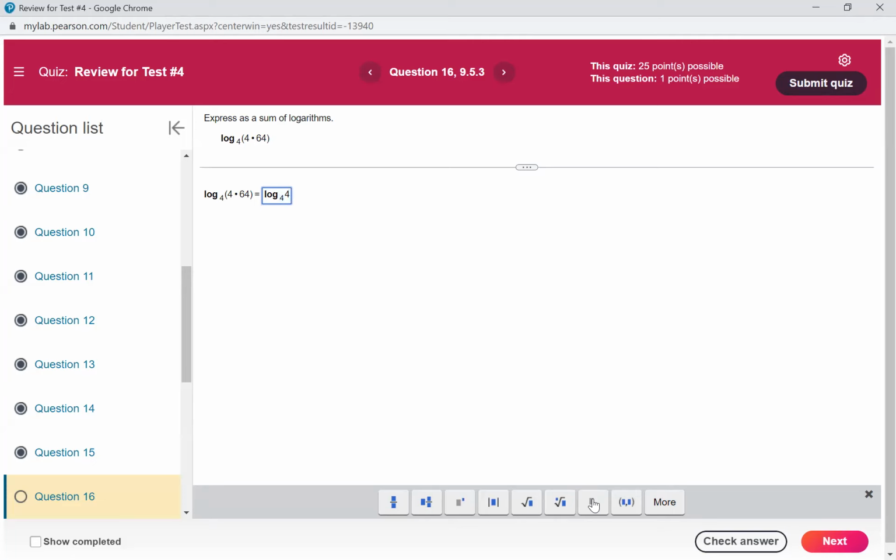Then I had a plus, write log again, grab that subscript, put in that 4, arrow right, and then put in your 64. So you got to have a log base, whatever, plus a log base, whatever, okay?